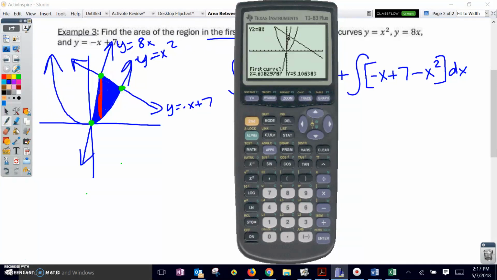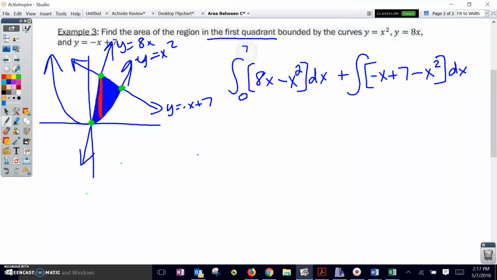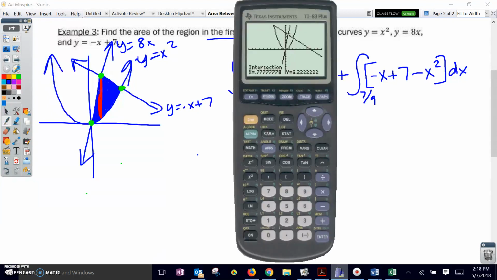All right, so we'll use y equals 8x and y equals negative x plus 7, and where they intersect, that's at 7/9 as the x coordinate of that intersection point. So that's going to be our upper limit of integration for the first integral and our lower limit of integration for the second. And now I need to know where the parabola and the line y equals negative x plus 7 intersect. So I'll go ahead and do another intersection.